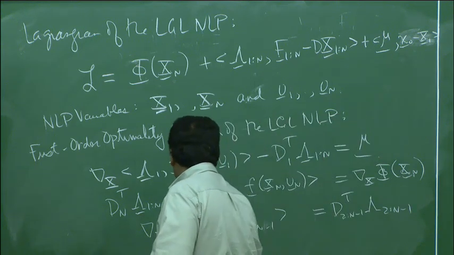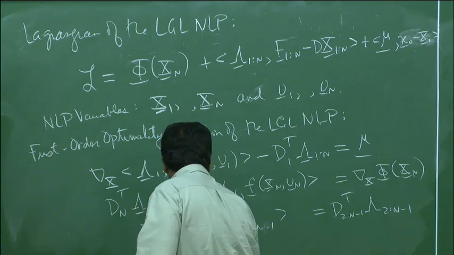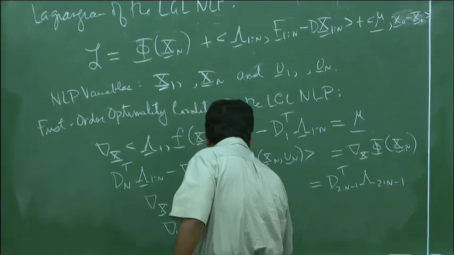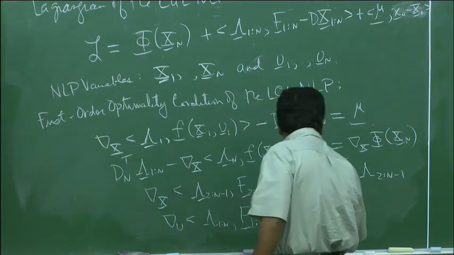And then the last condition is that the gradient with respect to u of lambda 1 colon n times f 1 colon n has to equal 0.